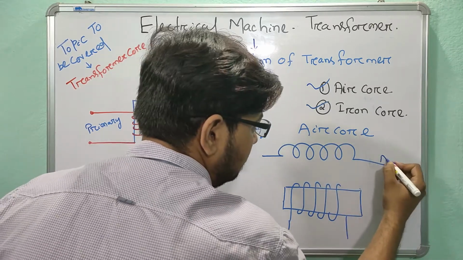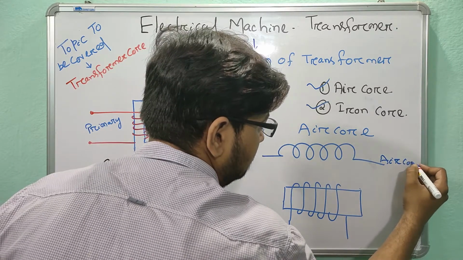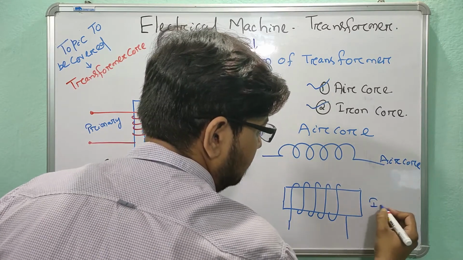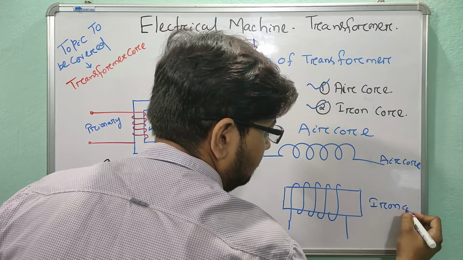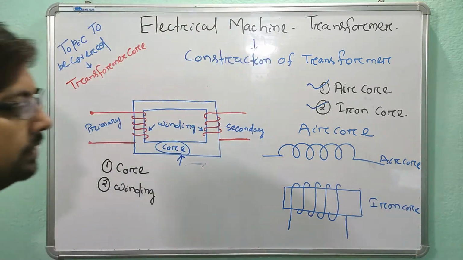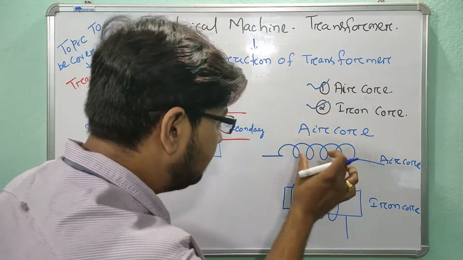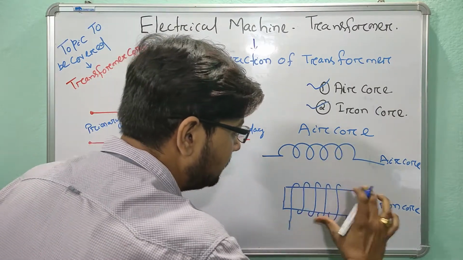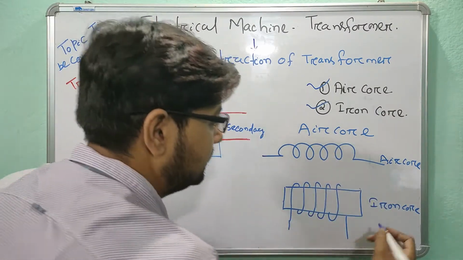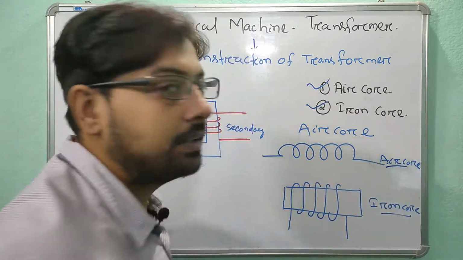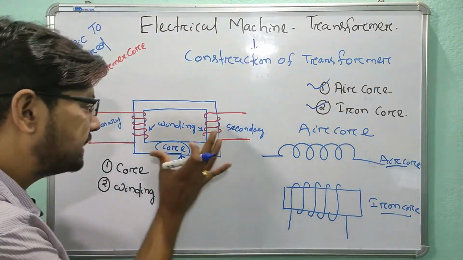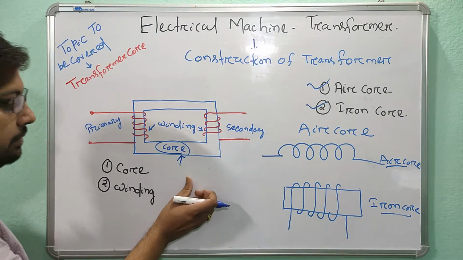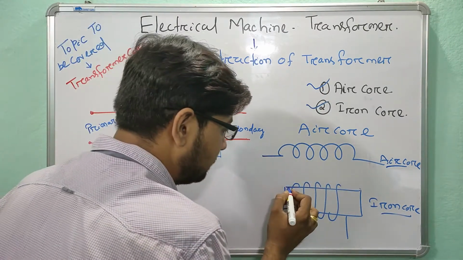Why is it called air core? In between the winding air is present, but in between the winding iron is present. So this is called iron core and this is called air core. For the construction of transformer, we use iron core.